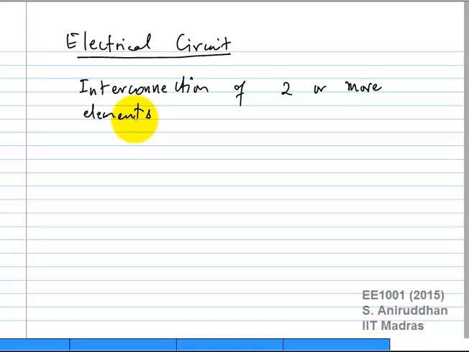So I'll take the simplest example. This by itself, I can call it an electrical circuit, but it's kind of a redundant electrical circuit. Why is it redundant?